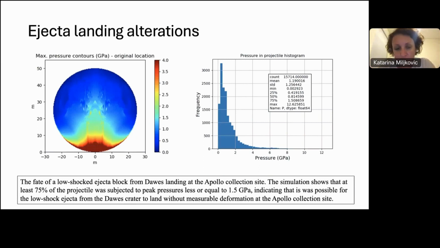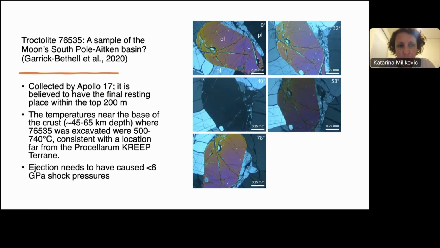One more study I would like to show for the Apollo samples comes from one of the troctolites, work that I did with Ian Garrick-Bethell a few years back, where we tried to see if this particular sample, also collected from the Apollo 17 site, has been thrown out from the SPA, South Pole-Aitken Basin.